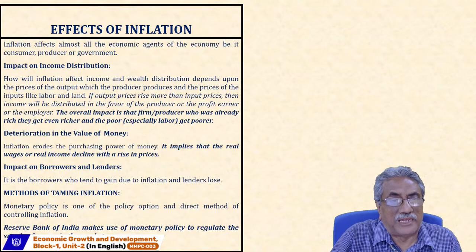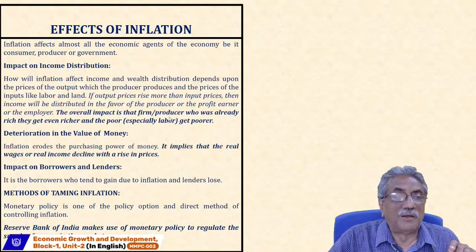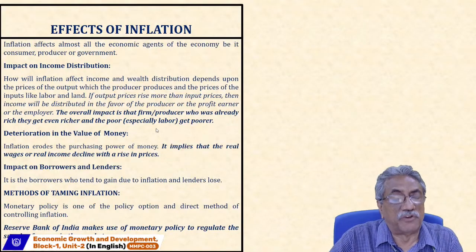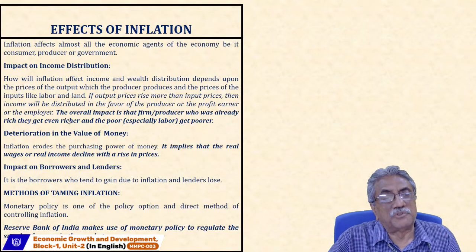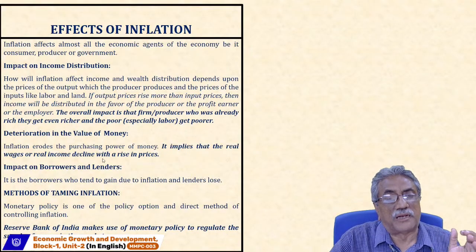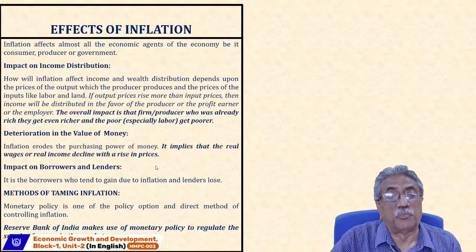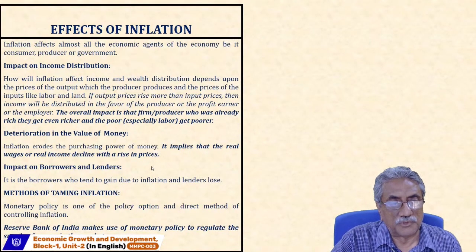If the output price rises more than the input price, the producer is benefiting, but you, the buyer, are not benefiting. So the rich become richer, the poor become poorer. Deterioration in the value of money, because it implies real wage or real income declines with a rise in price. That is, the purchasing power of your rupee is going down.